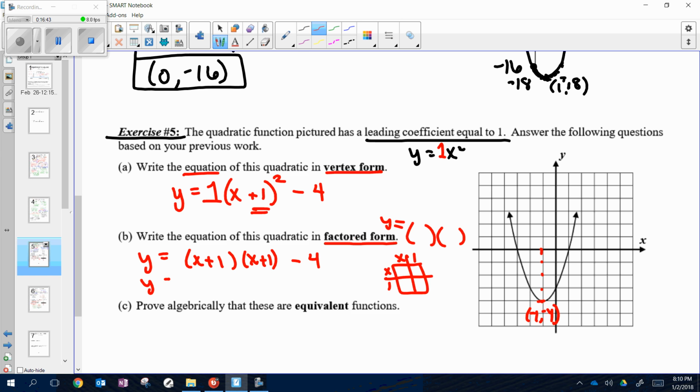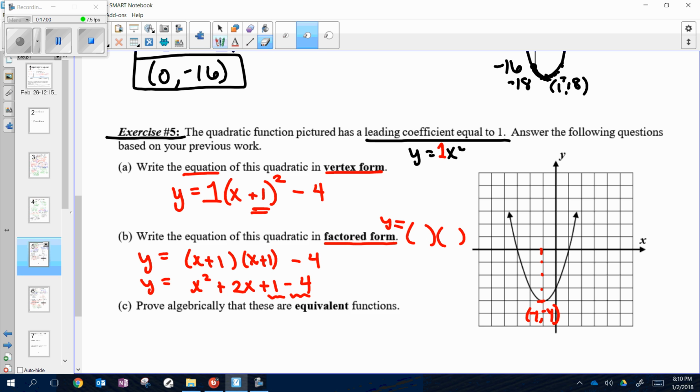It's going to be, real quick, x squared plus 2x plus 1. X squared, x 1. And then minus 4. Combine these like terms. Final answer. I'm going to get rid of my little boxes that are in my way. Final answer, y equals x squared plus 2x minus 3.